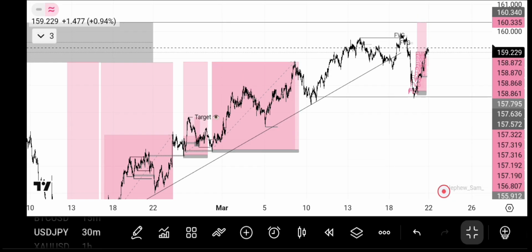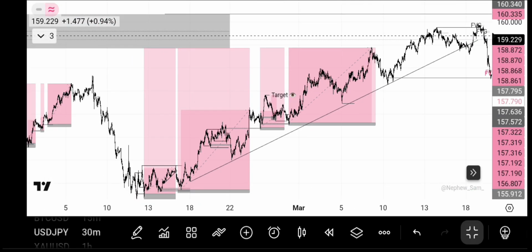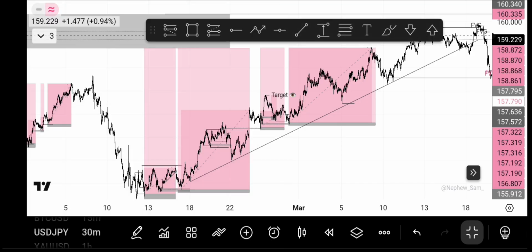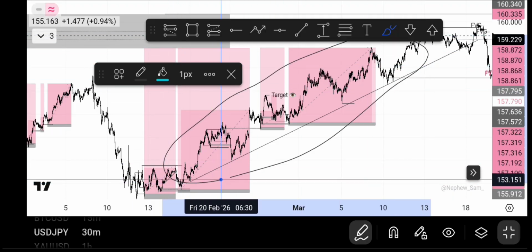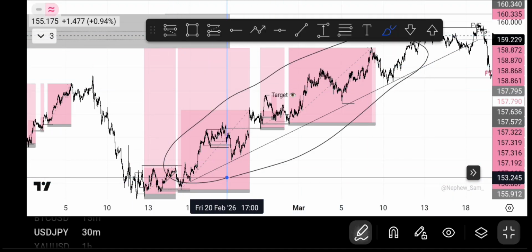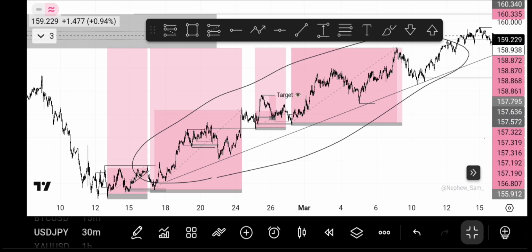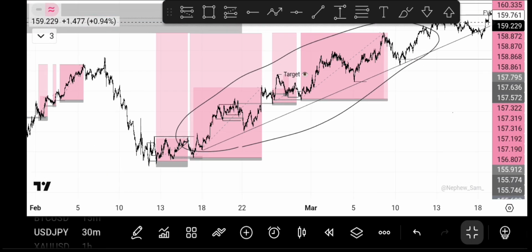So now let me take an example. If you can look at this trend right here, this particular trend, we can see it's an uptrend.